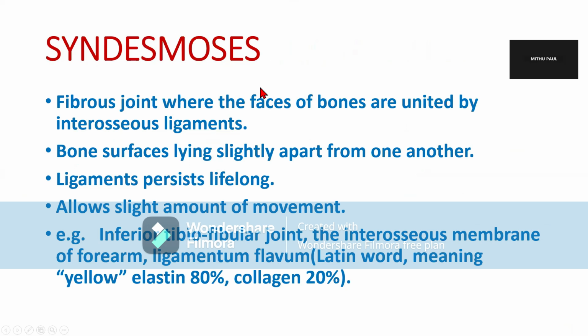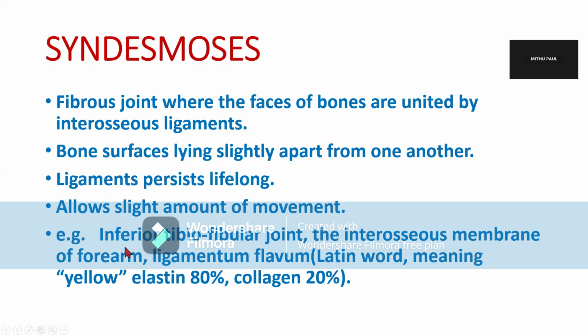Syndesmosis means articulation of two bones via their surfaces or borders over a long area through an interosseous membrane or ligament. Must remember that the ligament persists lifelong. They allow only a slight bit of movement.